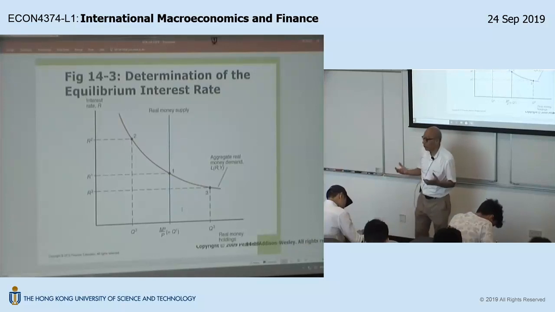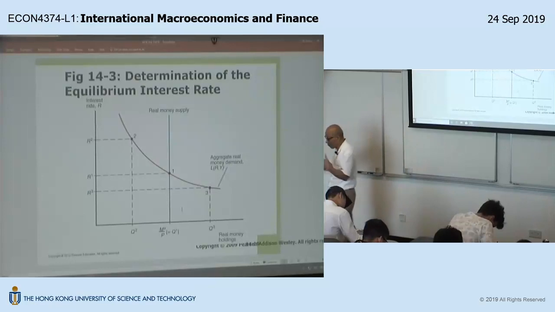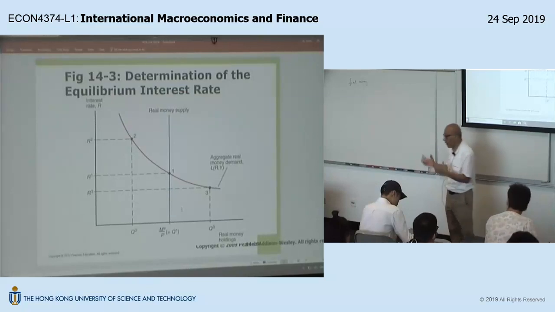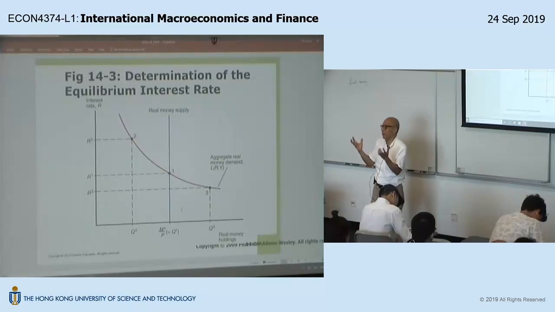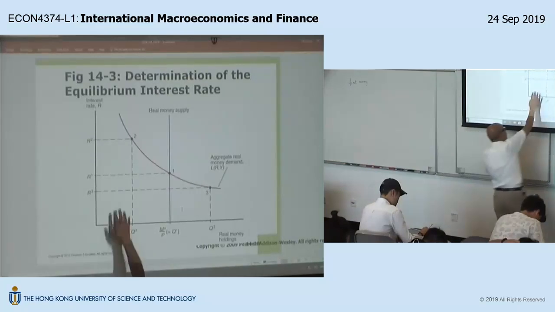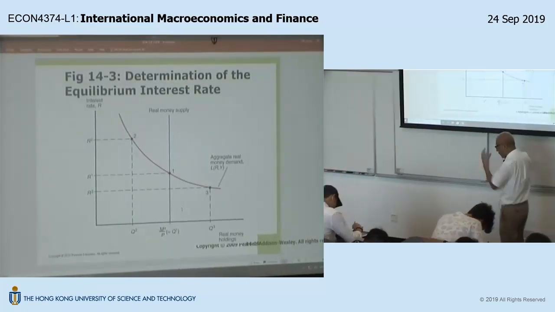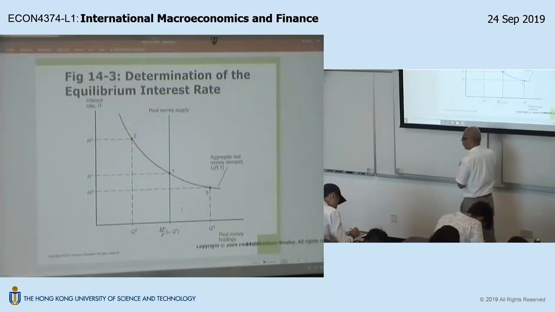So the interest rate has to rise to bid up the demand. When the interest rate is higher, people demand more bonds. The interest rate has to rise to attract people to buy bonds. Because the interest rate is too low, there's excess supply of bonds, and the interest rate has to bid up to attract more people to buy bonds.